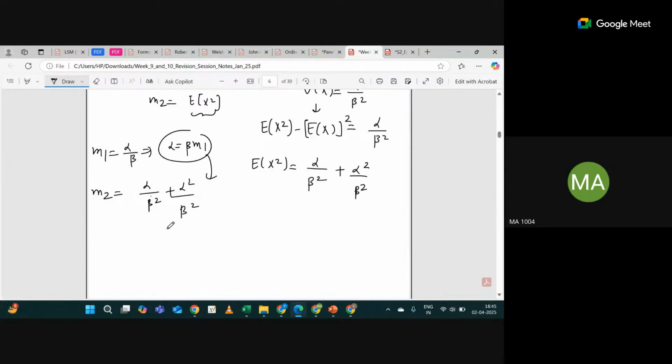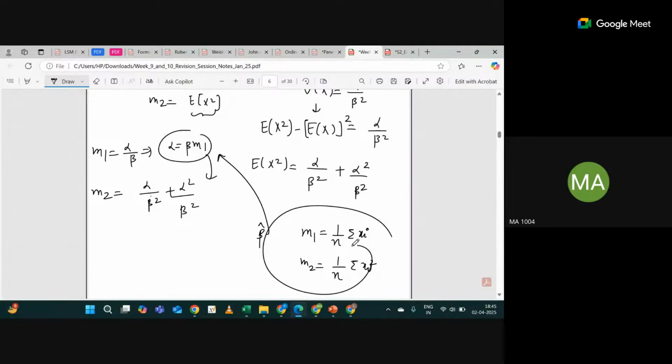At the end you will find beta hat, and if you substitute beta hat, you will get alpha hat. And m1 is nothing but 1 upon n summation of xi, and m2 is 1 upon n summation of xi square. So this is something you can calculate from your samples, right?